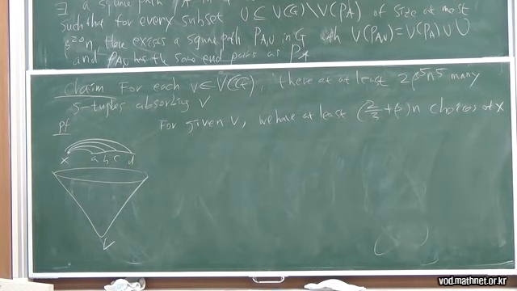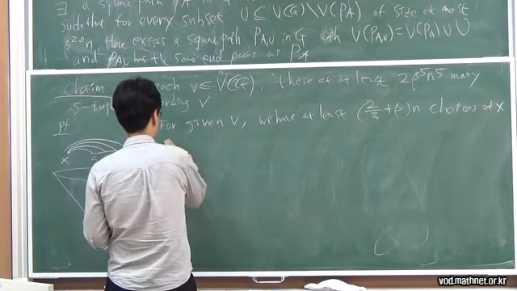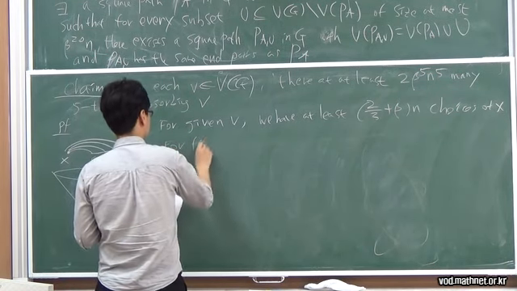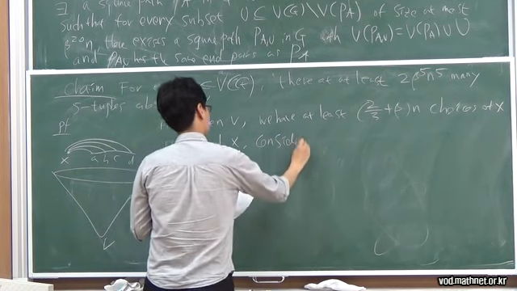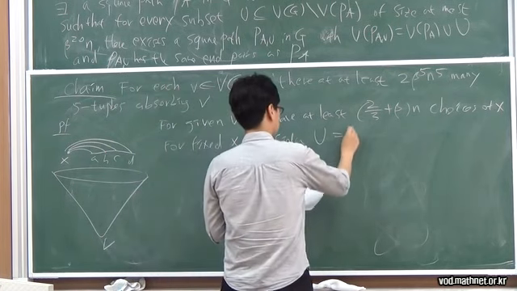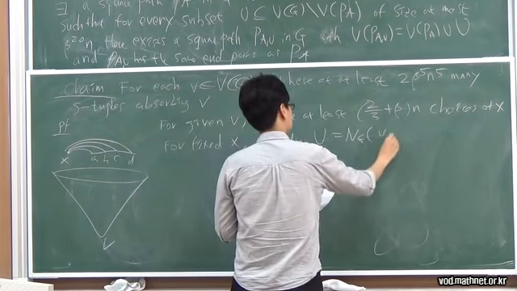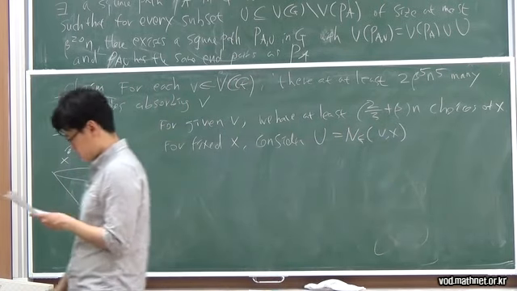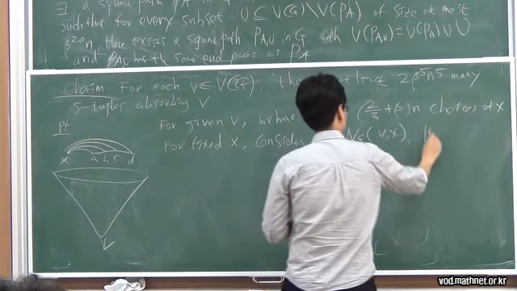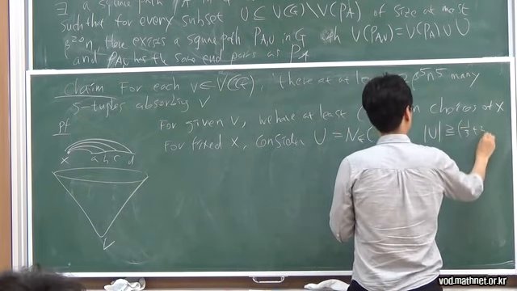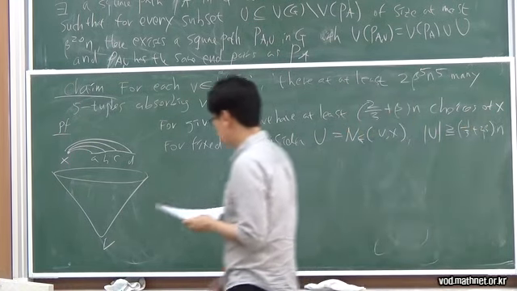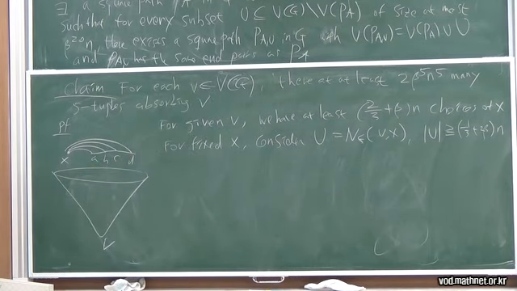And for given, we fix one of them. For fixed X, consider U, which is the common neighborhood of B and X. Then this U has size at least 1/3 plus 2 beta n. From there, we can choose this A, B, C, D.